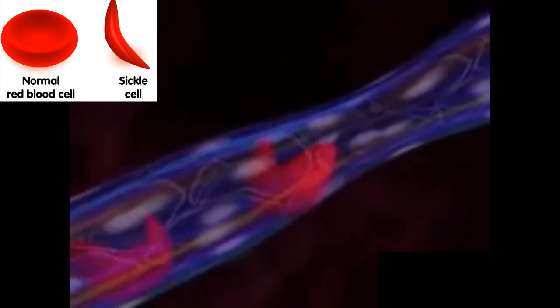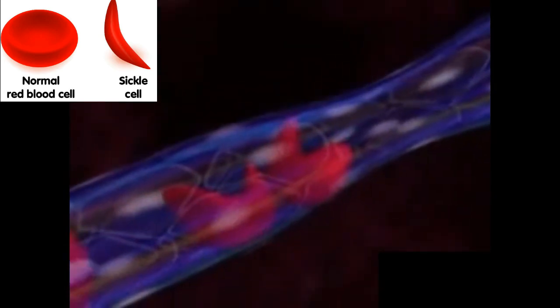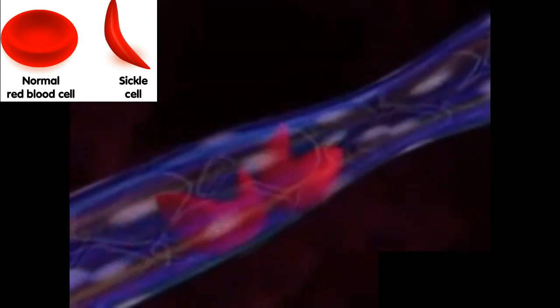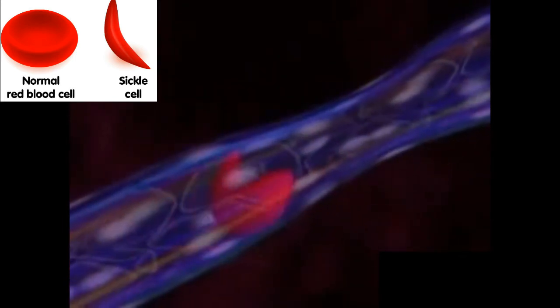What is sickle cell disease? Sickle cell disease is a group of disorders that affects hemoglobin, which is responsible for delivering oxygen to the cells of the body. It is an inherited disorder where abnormal hemoglobin molecules called hemoglobin S distort the red blood cells (RBC) into a sickle or crescent shape.